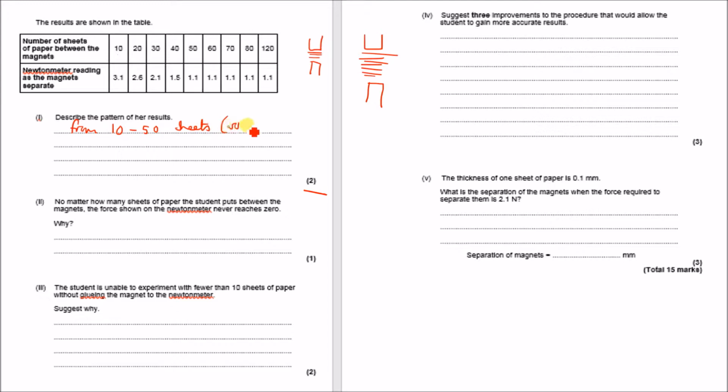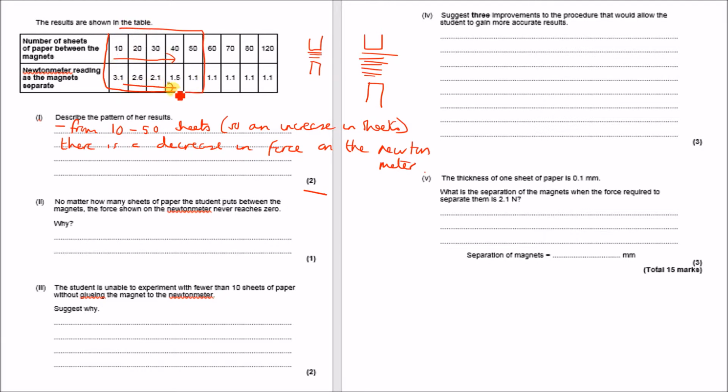So basically, an increase in sheets, there is a decrease in force on the Newton meter. So that's going to get you 1 mark. That's 1 point. We're talking about from here through to there. By increasing the number of sheets, we have decreased the force.